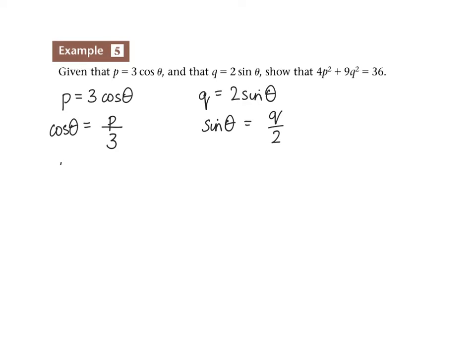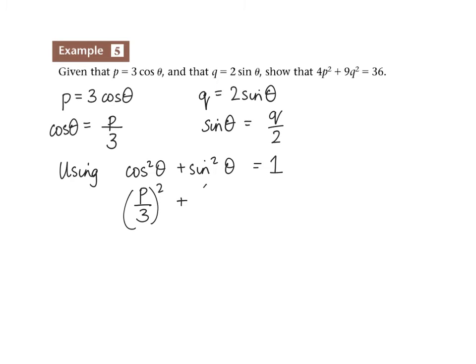If we use the identity, so using cos squared theta plus sine squared theta is equal to 1, we can substitute in p over 3 squared plus q over 2 all squared is equal to 1. So p squared over 9 plus q squared over 4 is equal to 1.